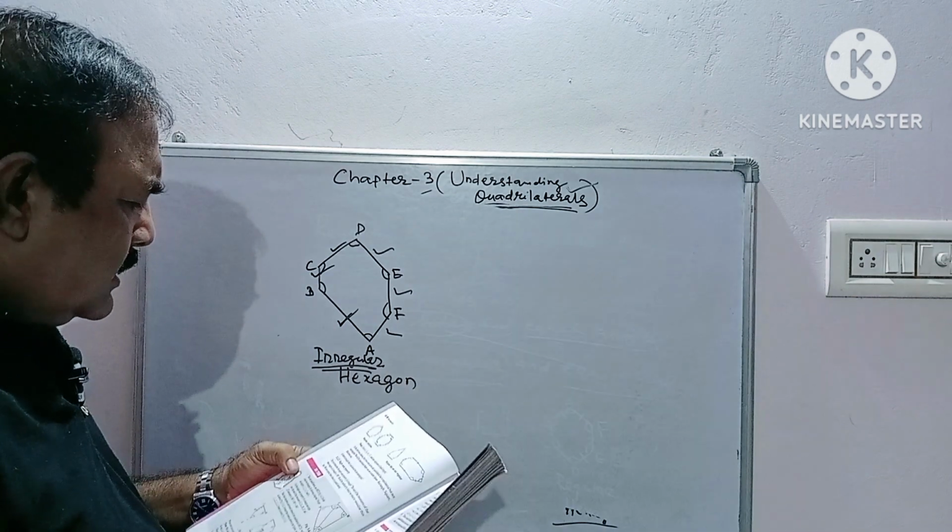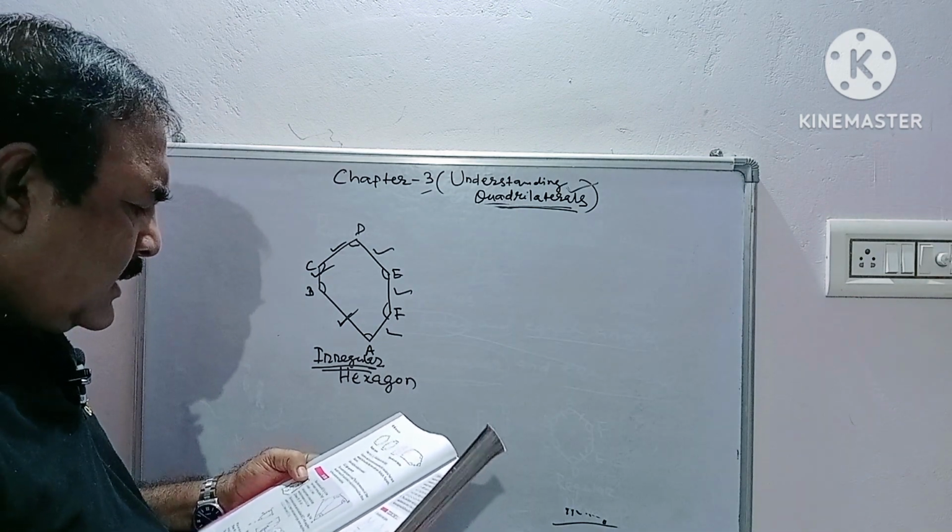So this is all about regular and irregular polygons, and now we will learn about the angle sum property.